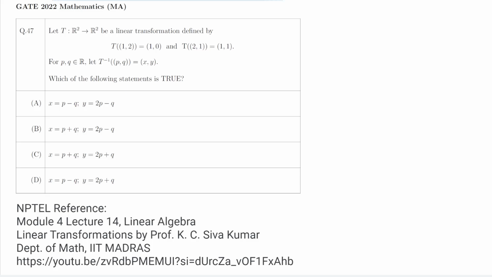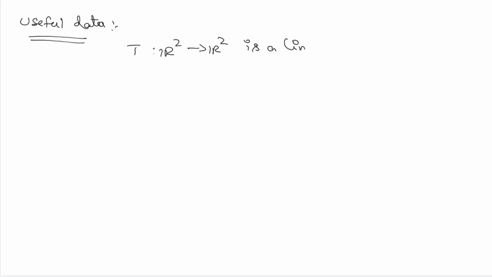Now coming to the useful data from the given problem. T from R square to R square is a linear transformation, and we can observe that the dimension of R square is equal to 2 over the real field.